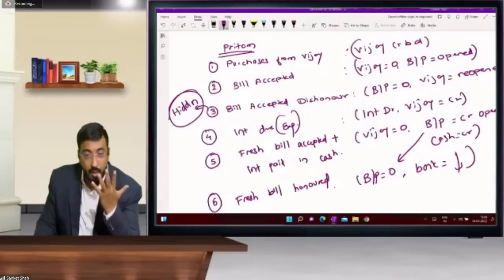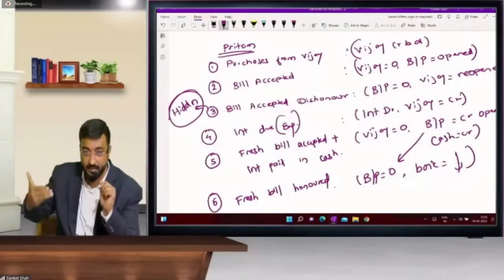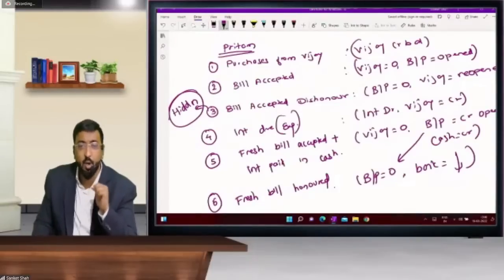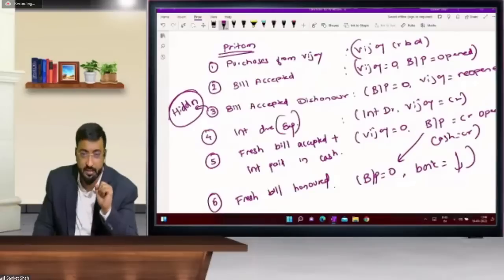After that, by looking into the question, the first thing that you have to understand is the sequence: how many entries we are going to pass. So write down this sequence somewhere. In the exam also, in the first 15 minutes, if the bill of exchange topic is there, first write down the sequence. And once you have the sequence, entries are nothing for you.